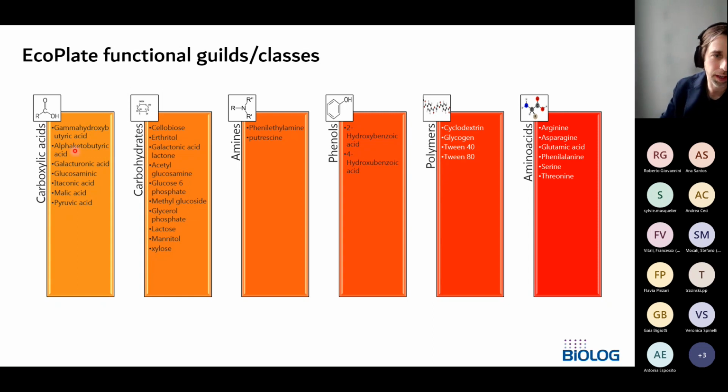So there are carboxylic acids and carbohydrates, but also amines, phenols, polymers and amino acids, listed here, that can be divided into functional classes and have been used extensively.